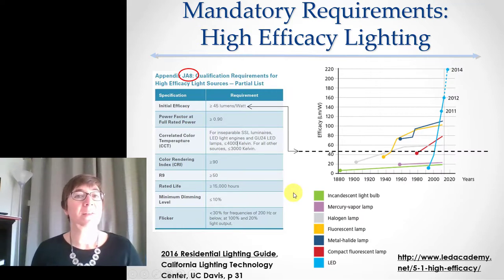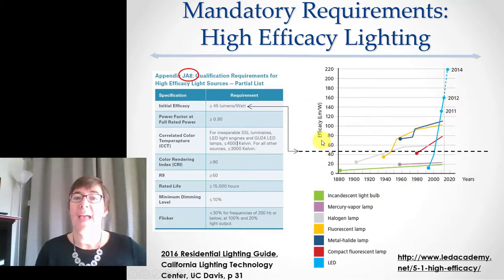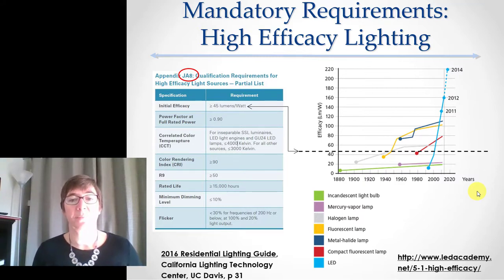So what does that greater than or equal to 45 lumens per watt mean? Take a look at this table that I've provided for you right here. It is a table of efficacy of light sources over time. It turns out that as our technology has improved, we have increased the efficacy of many of our light sources.